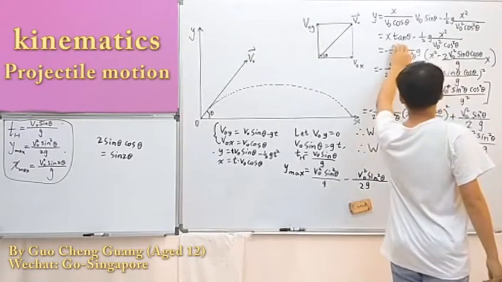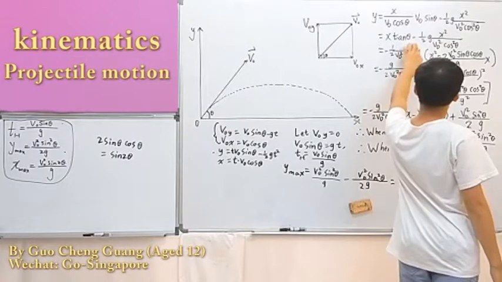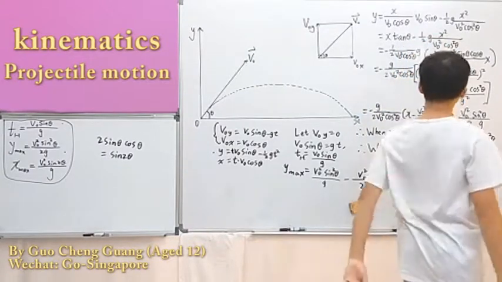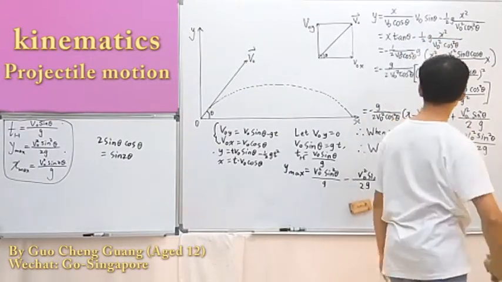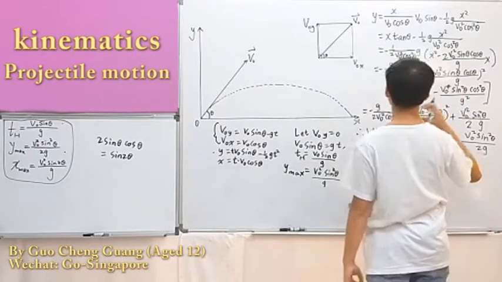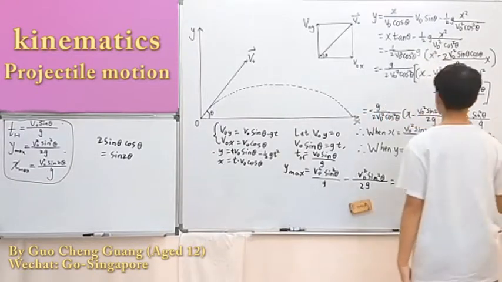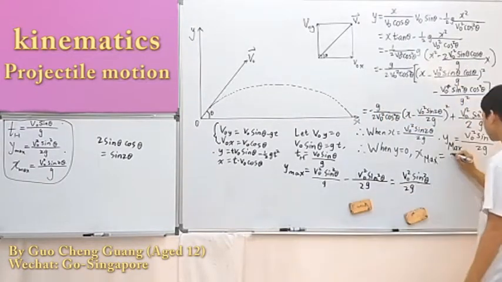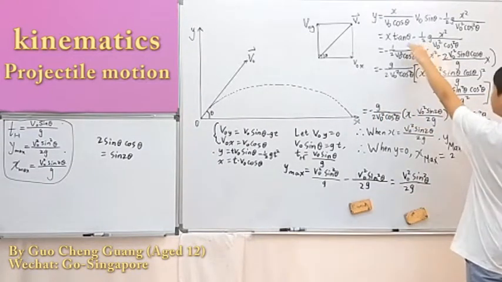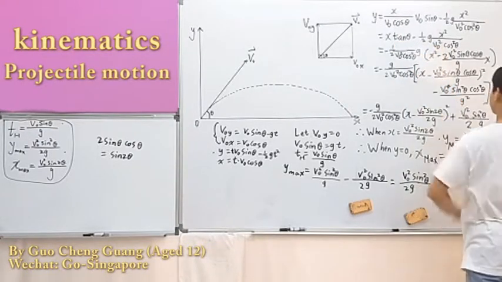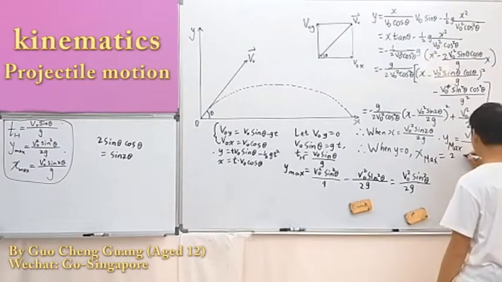So then it's just tangent theta, subtract this whole thing, except you don't have the square anymore. So, and it means you just have to divide it. You get 2. So tangent and cosine square, you get sine and cosine.